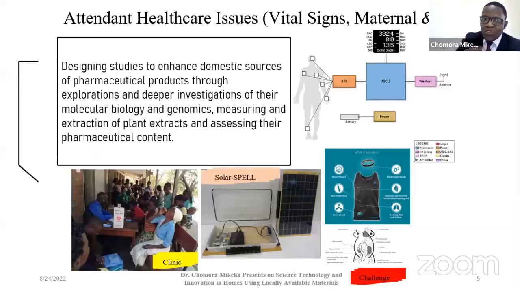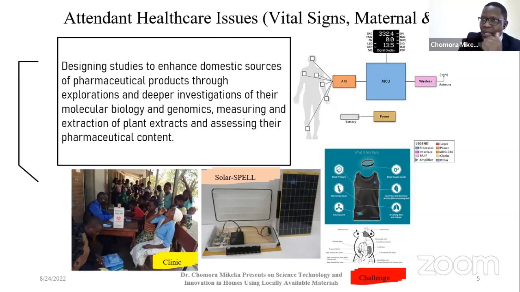Next. So designing studies to enhance domestic sources of pharmaceutical products is critical for us as Africans, through exploration and deeper investigation of their molecular biology and genomics, measuring and extraction of plant extracts, and assessing their pharmaceutical content. So this is what I would like to drive, especially for the research institutions, centers of excellence.